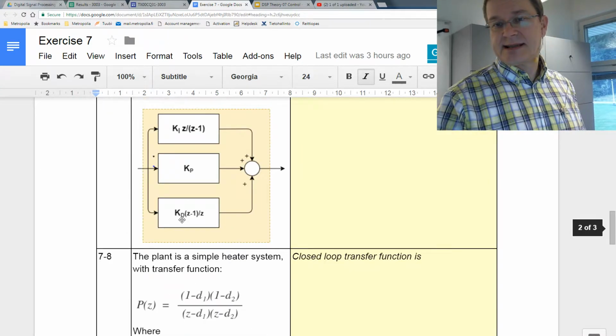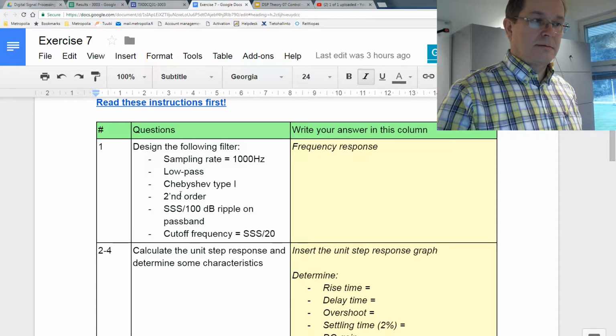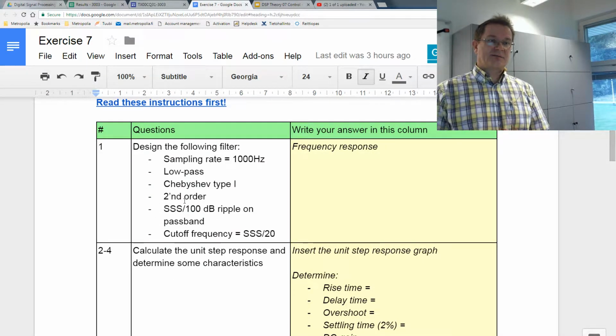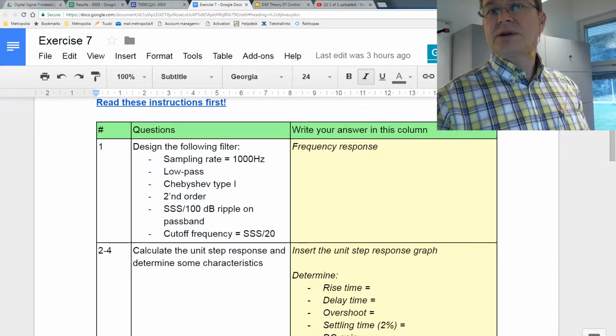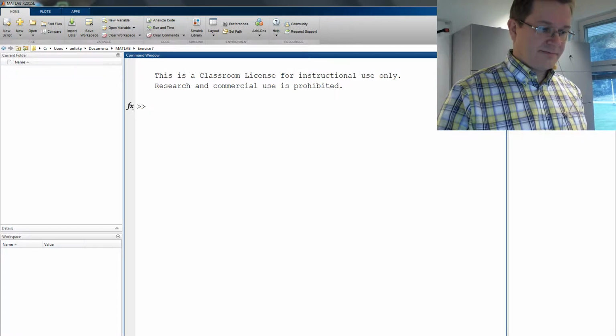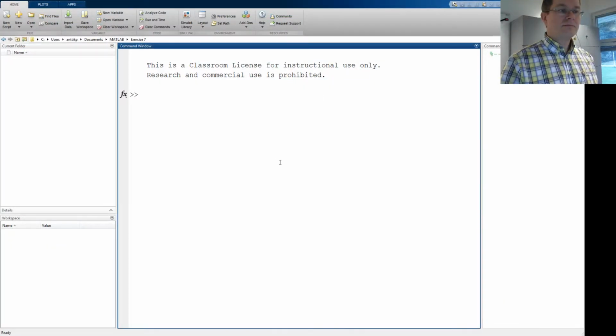Okay, so let's take a closer look at this. Design the following filter. I'm not designing exactly the same filter, I'm designing something else, a system just for fun.